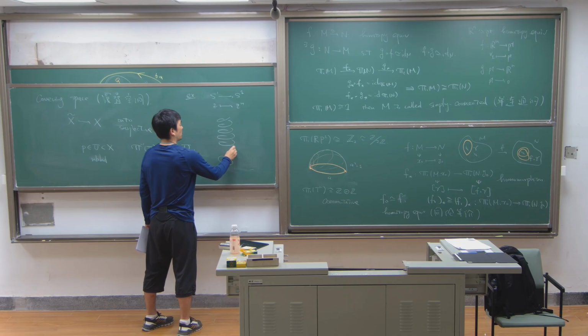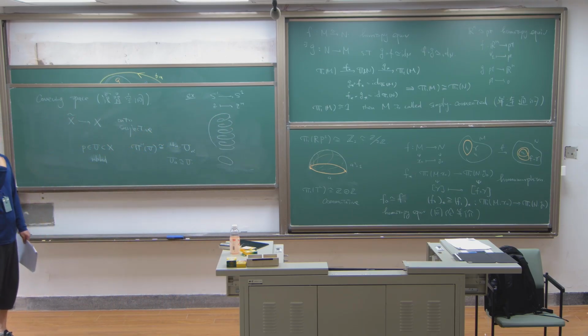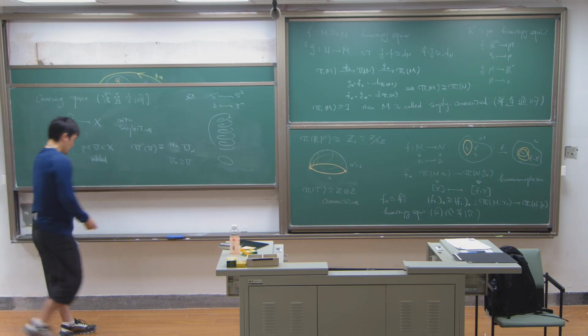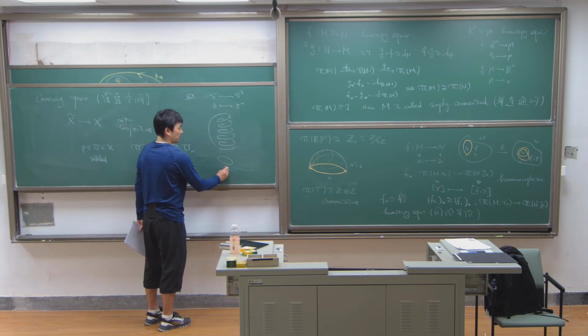If you have S1, you just take any copy, and then n times you wind around S1. Then pick a point P here, and consider an open neighborhood U here.